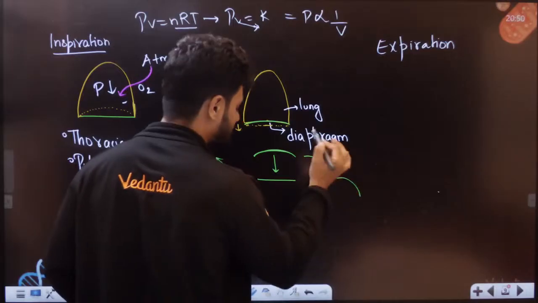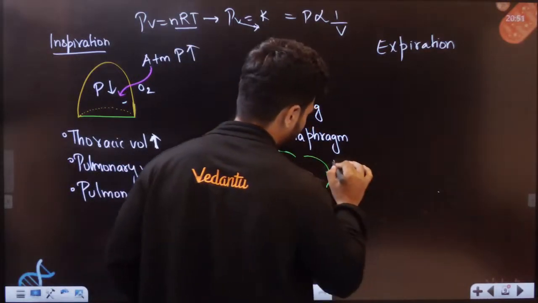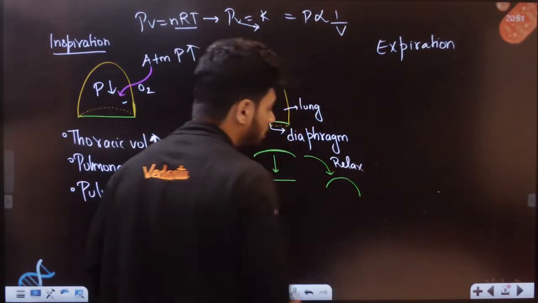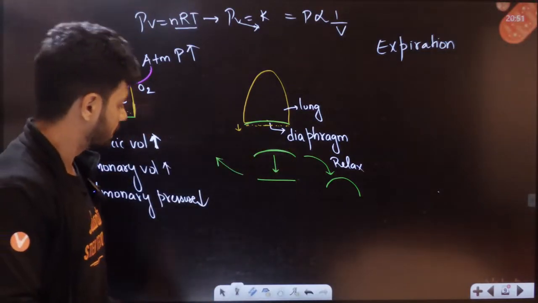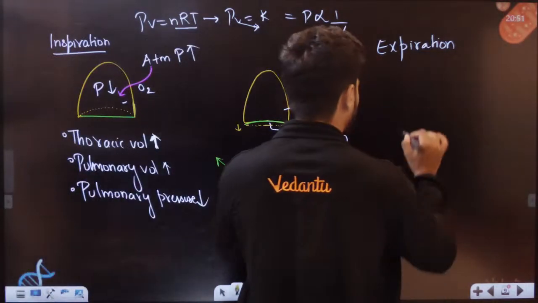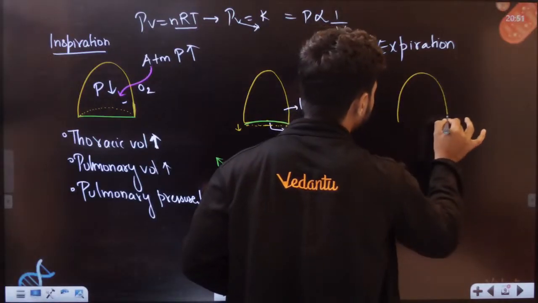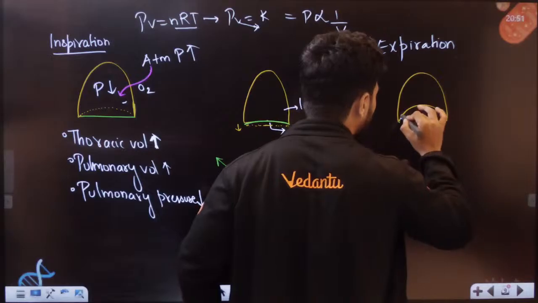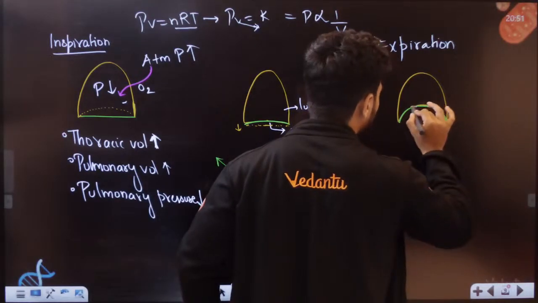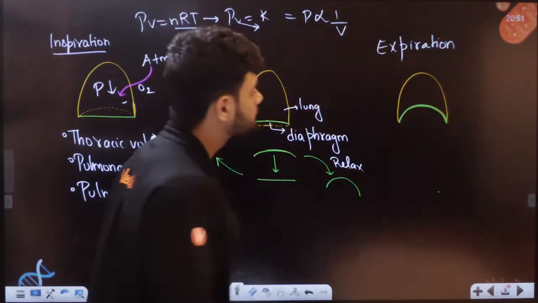The diaphragm will undergo relaxation. Here it undergoes contraction, here relaxation. Now let's say the diaphragm is undergoing relaxation. What happens then? This was the lungs. The diaphragm is moving up right now. Can you see?